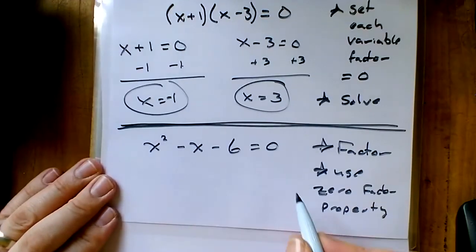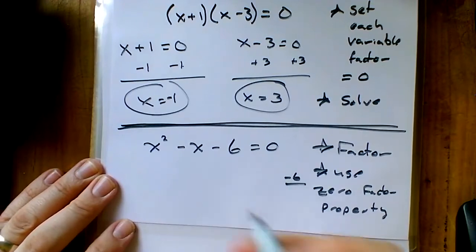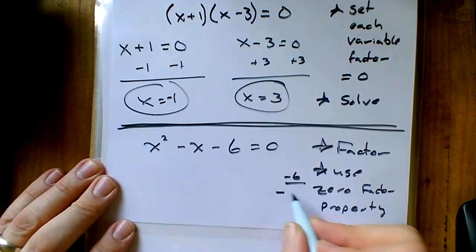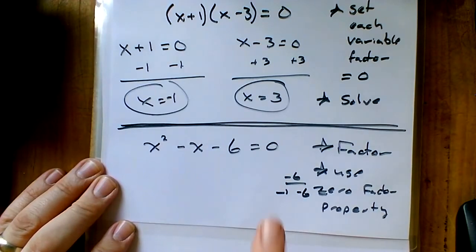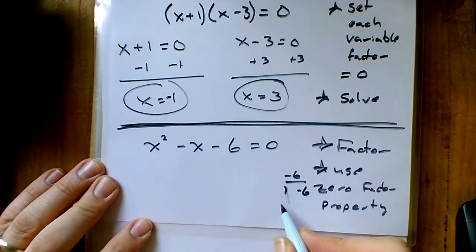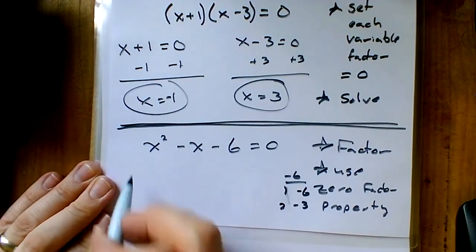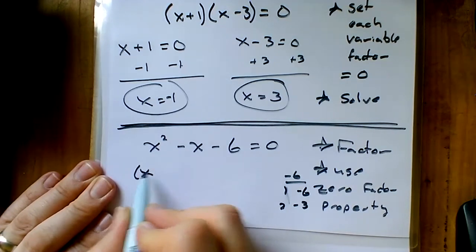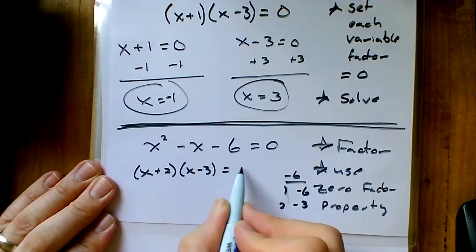So here, my key number is negative 6. I need a factor pair of negative 6 that adds up to be negative 1. And it's going to be 2 and negative 3 here. So this is going to be x plus 2 times x minus 3 is equal to 0.